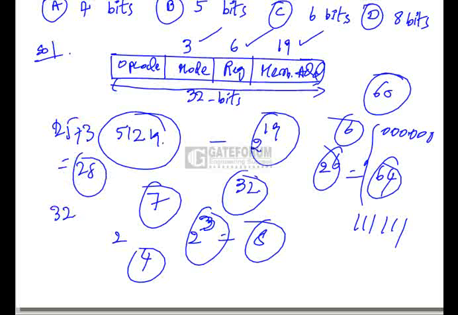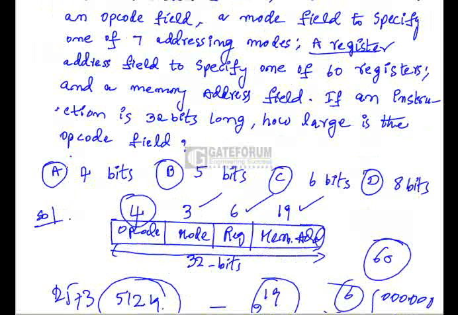Then 32 minus 28, 4 bits are meant for the opcode field. Using 4 bits, we can perform 2 power 4, that is 16 different operations. So option A is the right option. For the opcode, we require 4 bits.